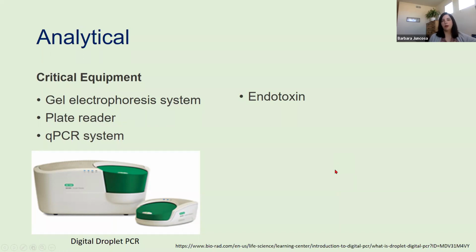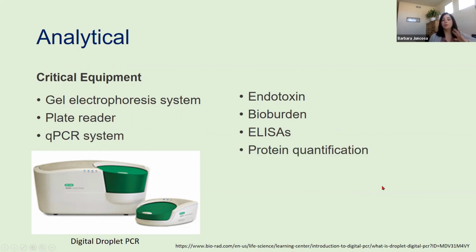You have to have some sort of standard that you're comparing to for your quantification. But qPCR is way less expensive, so most places are still using that. And then as Maggie and Jim discussed, endotoxin, bioburden, ELISAs, whatever equipment or tools you need around that. Protein quantification, we looked at the capillary electrophoresis.